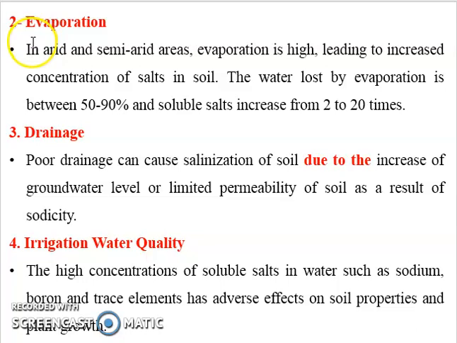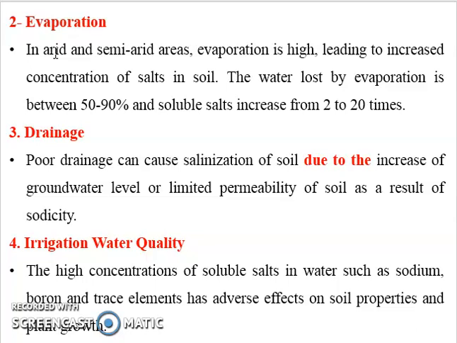The second reason is evaporation. In arid and semi-arid areas, evaporation is higher than precipitation. Consequently, when 50 to 90% of the water is lost by evaporation, the soluble salt increases from 2 to 20 times.